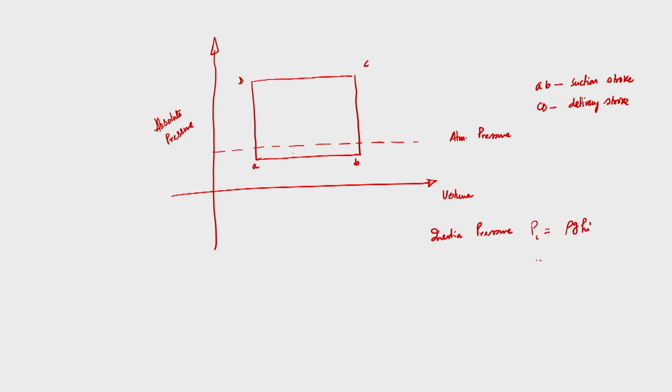So I can write for this particular case, rho g Hi is rho into L into dV/dt, where L is the length of the pipe, and dV/dt is the acceleration of the fluid.